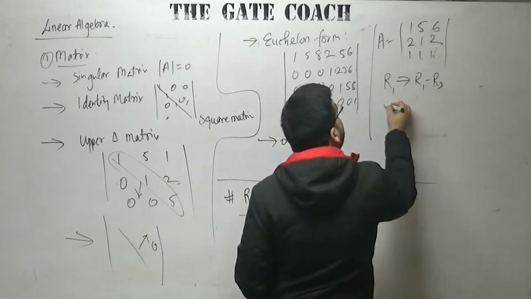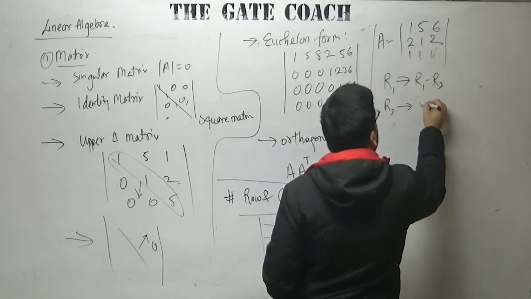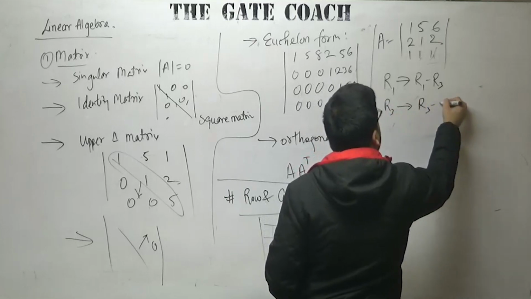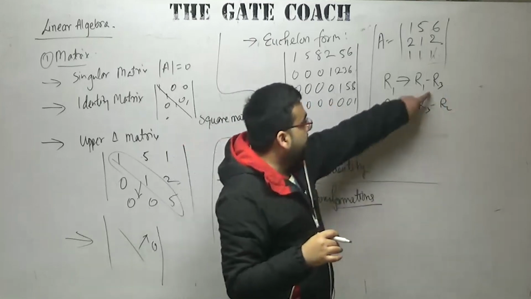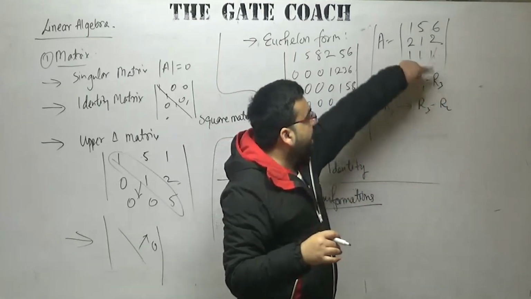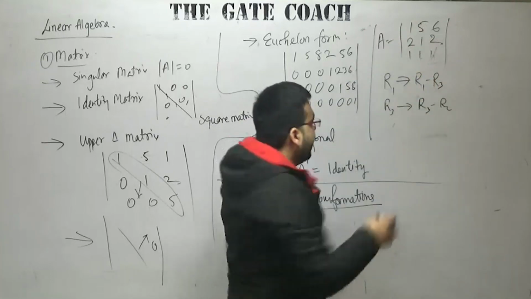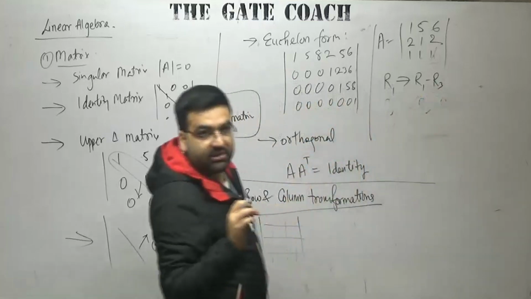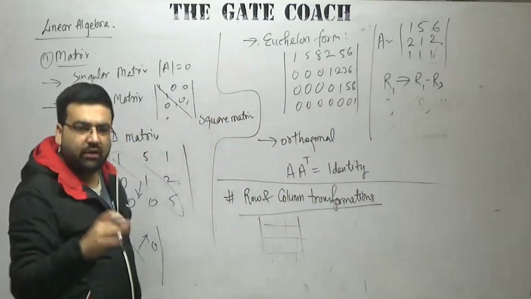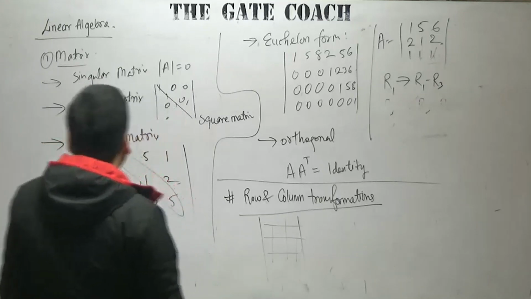Do not then apply R3 changes to R3 minus R2. Do not subtract R3 and also change R3. Either you first apply this or you first apply that. This is a very common mistake students make. Clear? Always go step by step. Otherwise you will make calculation mistakes.